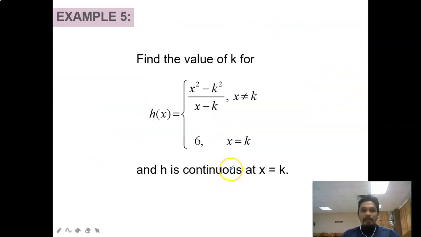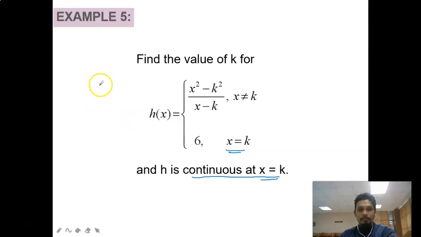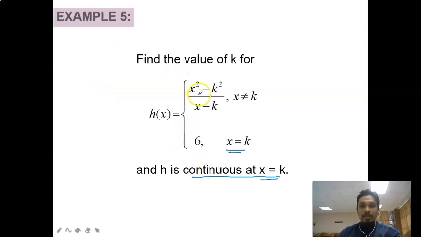Find the value of k for this function here, and h is continuous at x equal to k. Okay, it mentioned in the question that it is continuous at x equal to k.